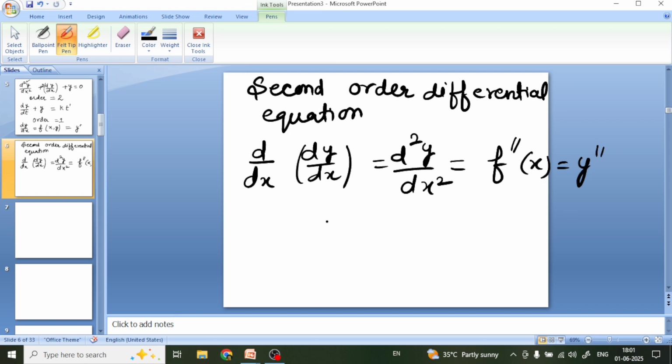And degree will be represented by the power. Degree, how can you represent degree?